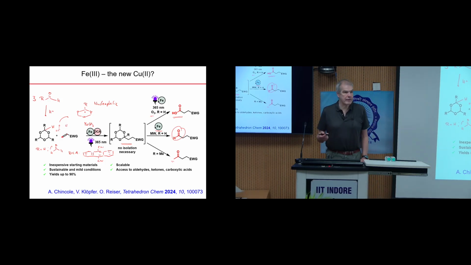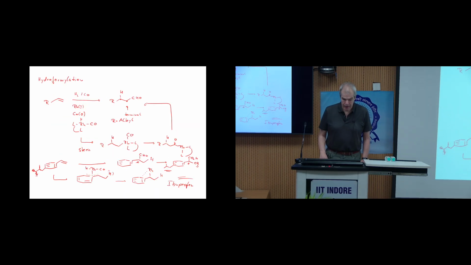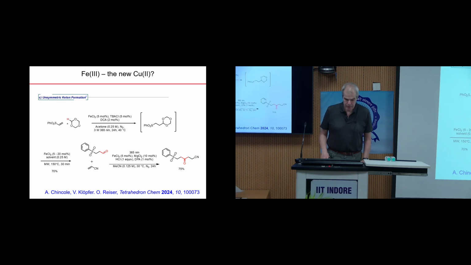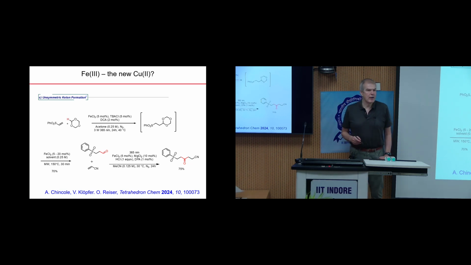And so again, as I said, this is a small contribution to carbonylation chemistry, which cannot compete with the industrially used hydroformylation processes, but nevertheless, I think it's a good step to show what iron can maybe do. And here are some of the examples which you will have in the handouts.